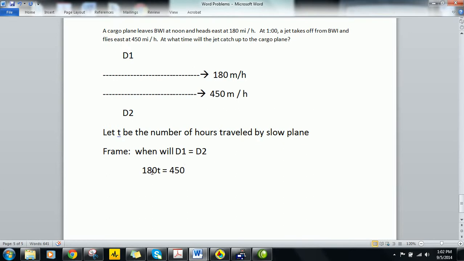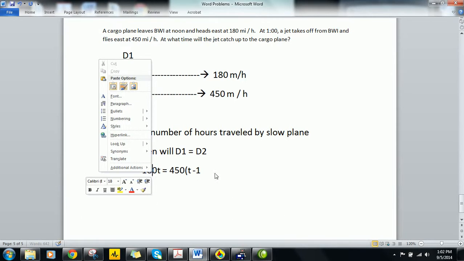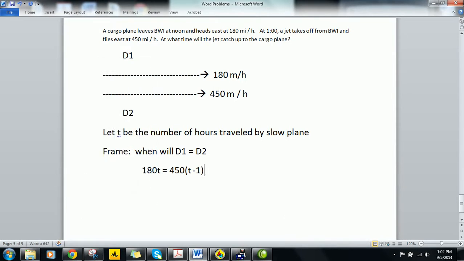In fact, the faster plane started 1 hour later, therefore will be traveling for 1 less hour than the slower plane. So instead of t for the slow one, the faster plane will be traveling t minus 1. Okay? So there's my equation.